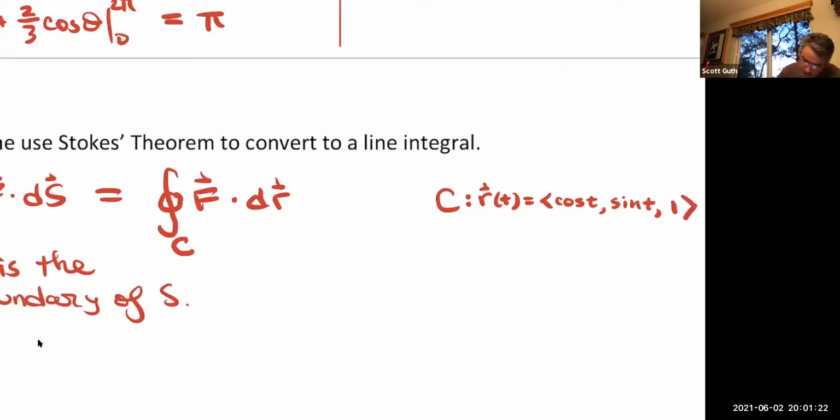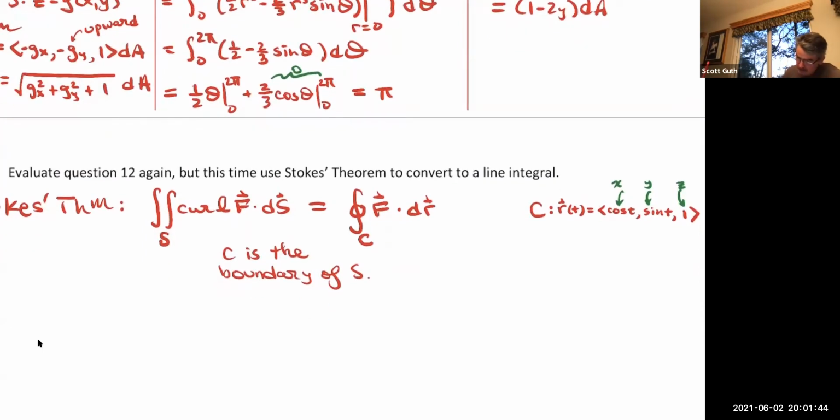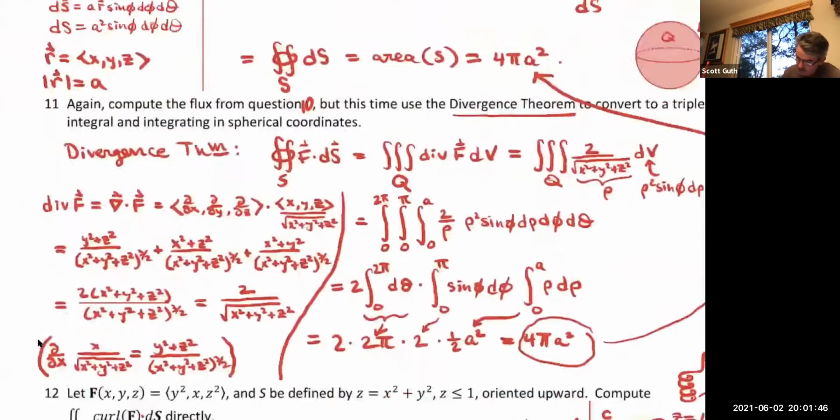So now any reference to x in the integral will be changed to cos t. Any reference to y will get changed to sine t, and any reference to z will be 1. Again, now you live on the curve, so you can make certain assumptions about these variables. We better do dr, so let's do that real quick.